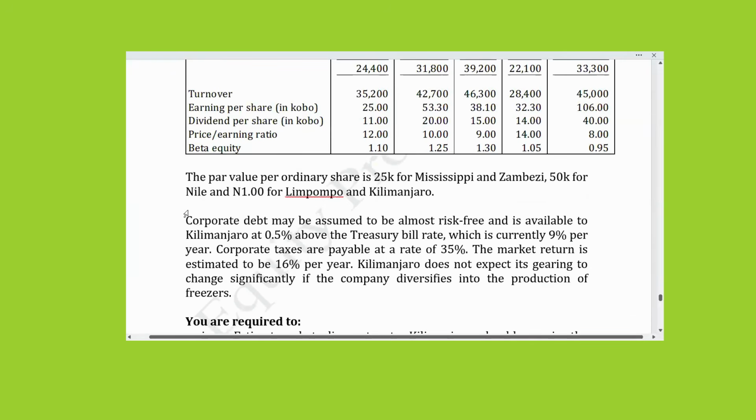Examiner told us, in the last paragraph, that corporate debt may be assumed to be almost risk-free and is available to Kilimanjaro at 0.5% above the treasury bill rate, which is currently 9% per year. So treasury bill rates, like I mentioned to you in our previous class, risk-free rate of return is the rate of return associated with government securities.